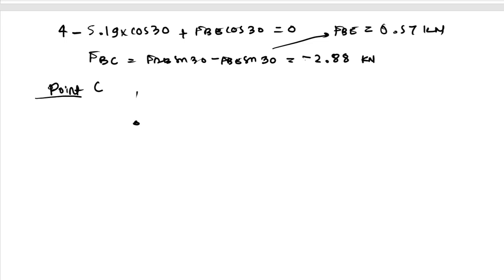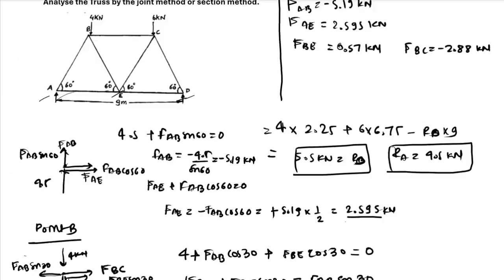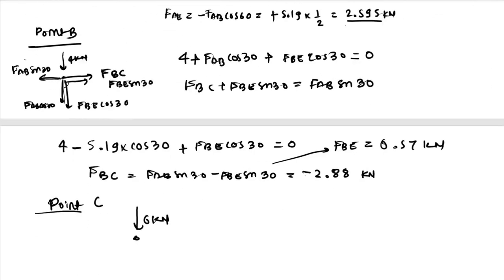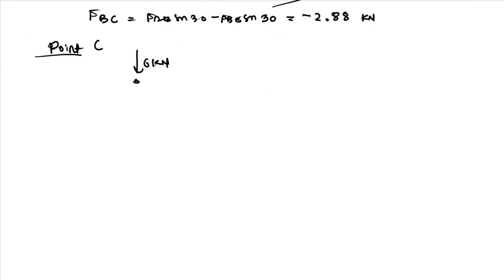At point C, we have a 6 kilonewton force acting in the downward direction. We have FBC tensile, FCE tensile, and FCD tensile. We have FBC, FCE, FCD, and this is 30, and this is 30.